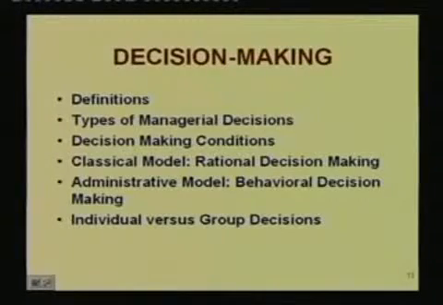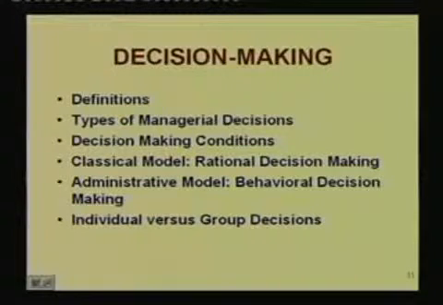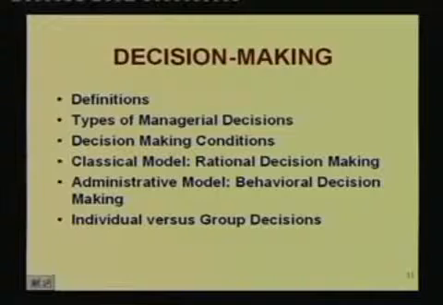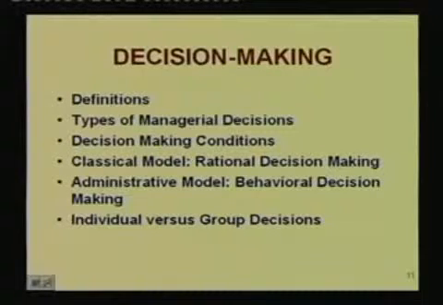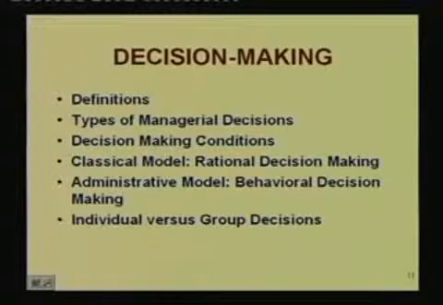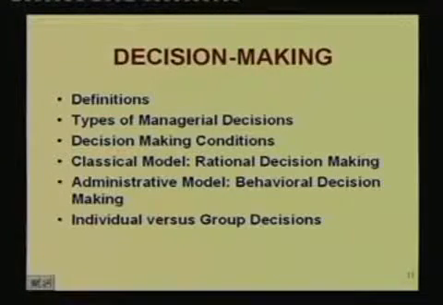Now let us look at the decision making process. Obviously the biases in information is also a kind of decision making process. Here essentially we would like to see the definitions, the different types of managerial decisions, decision making conditions, then classical versus administrative model of a decision maker, where we would like to differentiate between rational decision making and behavioral decision making.